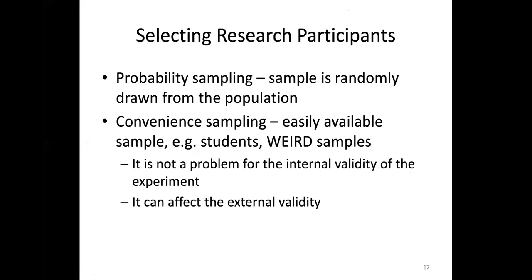In general, in statistics, it is said that you should do probability sampling. So a really random sample should be randomly drawn from the population. So you should be able to randomly draw participants from the whole population in Bulgaria. Usually it is not possible.